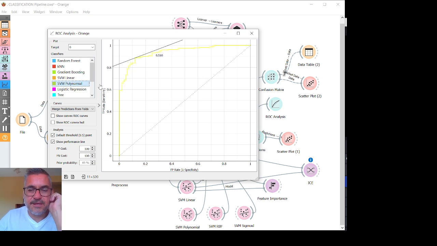Now, for example, here in the support vector machine polynomial kernel, when we start here, you get that the threshold is 0.059, then it gets up to 0.08, 0.152, 0.295. The one selected here, this is why you have this line here, the one selected automatically by the algorithm is the 0.510.